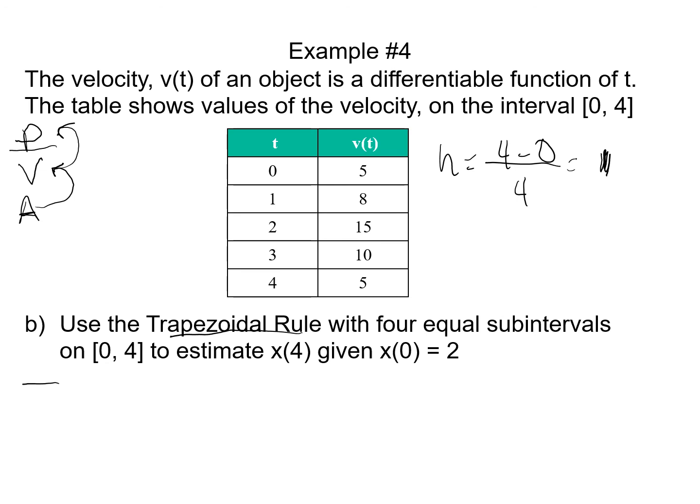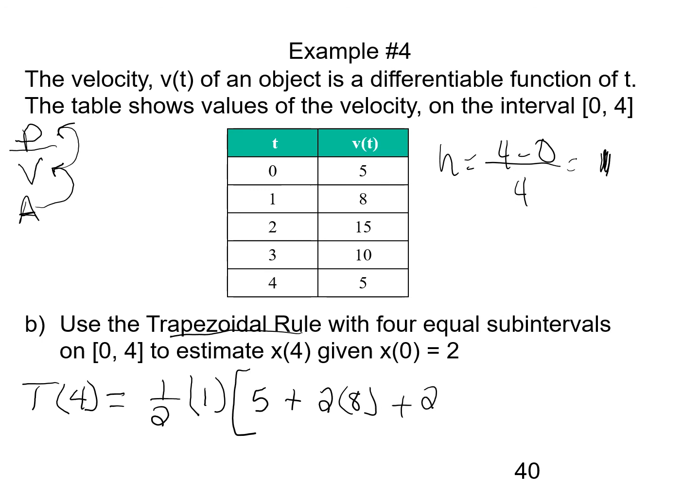So the trapezoidal approximation at 4, the 4 indicates how many subintervals we're taking, by the way, would be 1/2 times h. And since h is just 1, that's going to come on the outside. And then it would be 5 plus 2 times 8 plus 2 times 15 plus 2 times 10 plus 5.